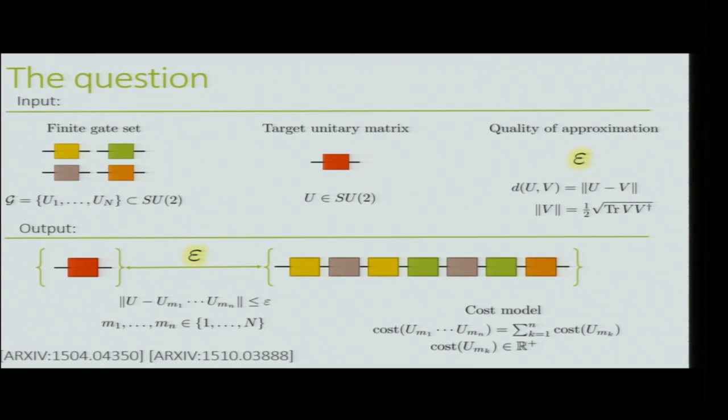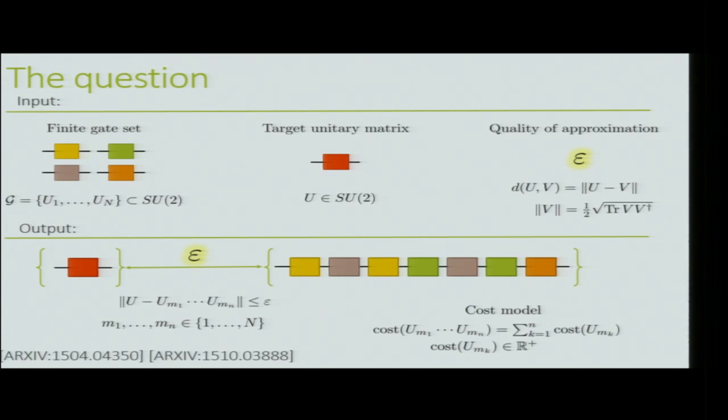This brings us to the formal statement of the problem I'm going to mainly study in this talk. We are given some finite set G, which is a subset of SU2, so 2 by 2 unitary matrices with determinant 1 or -1. Then we're given some target element U of SU2, and we also know that in almost all cases in our applications, this U cannot be expressed just as a word in terms of U1, ..., Un, so we actually need to approximate it.